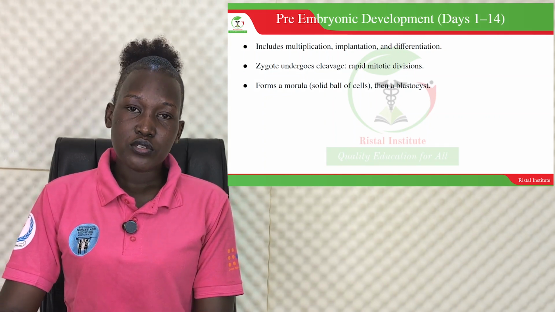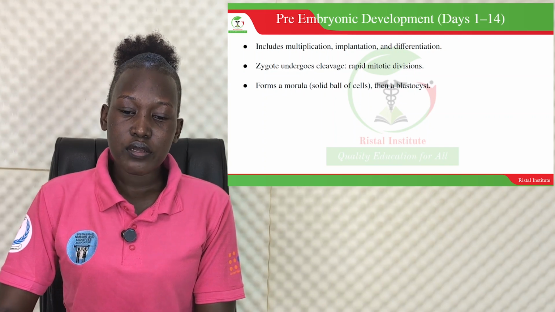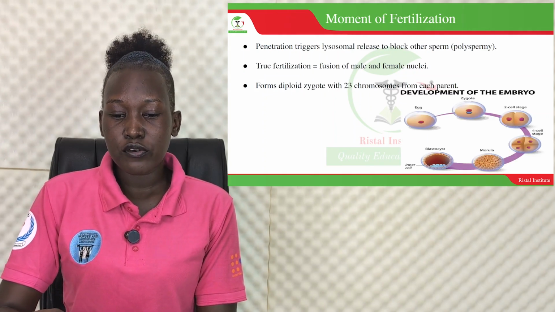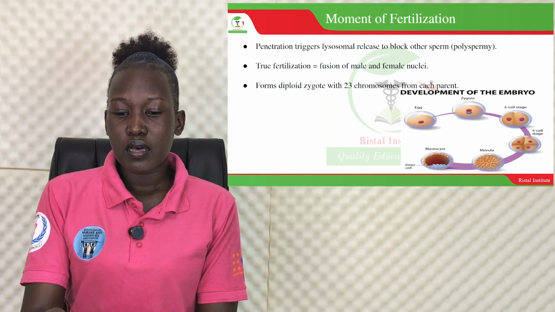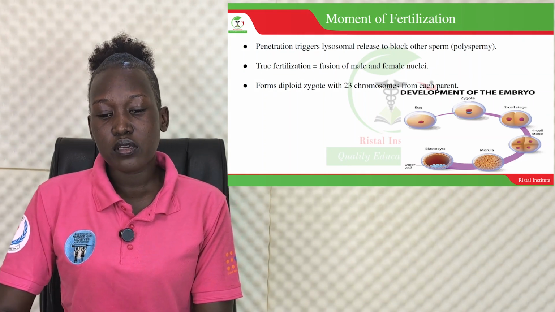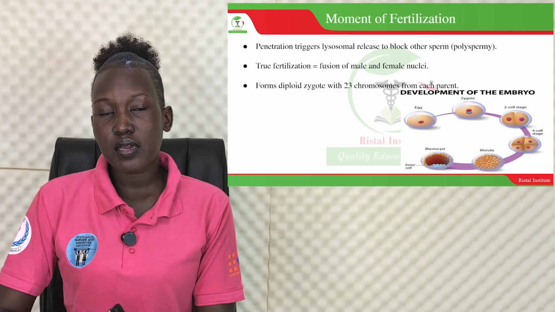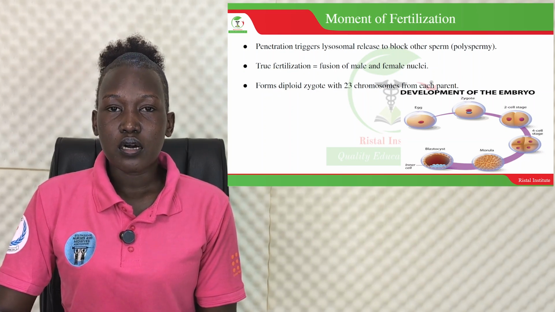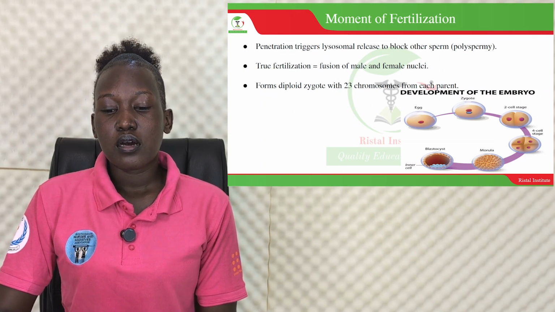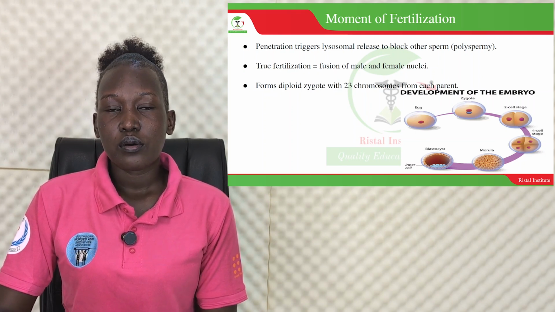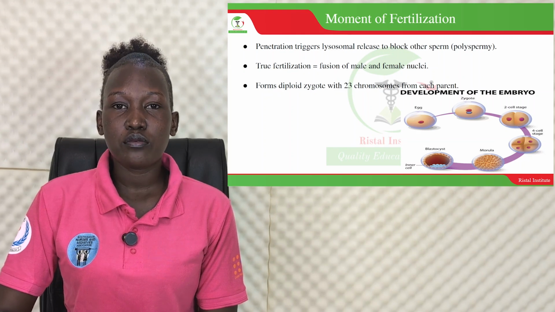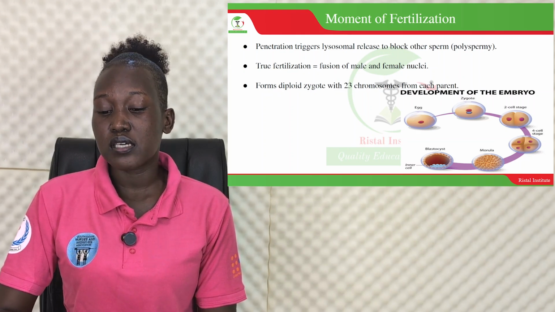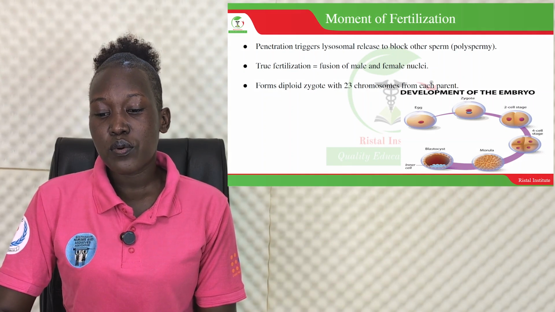So by the time a blastocyst is formed, let's follow from this slide. From fertilization, just one egg has been released during ovulation. Then when the egg was fertilized, we have the zygote being formed, and we have 2 cells inside, as you can see, the red and the blue one.